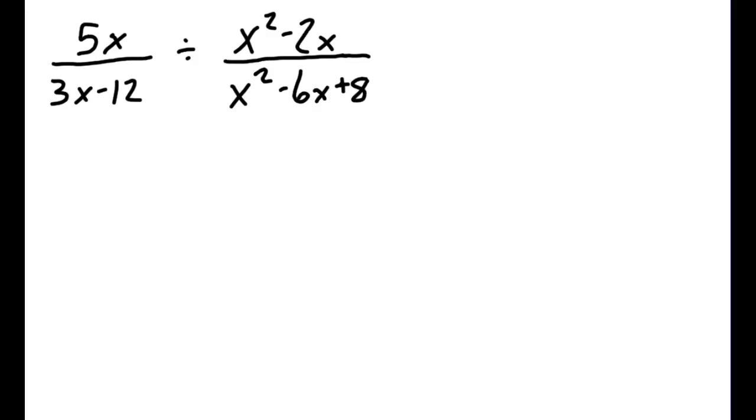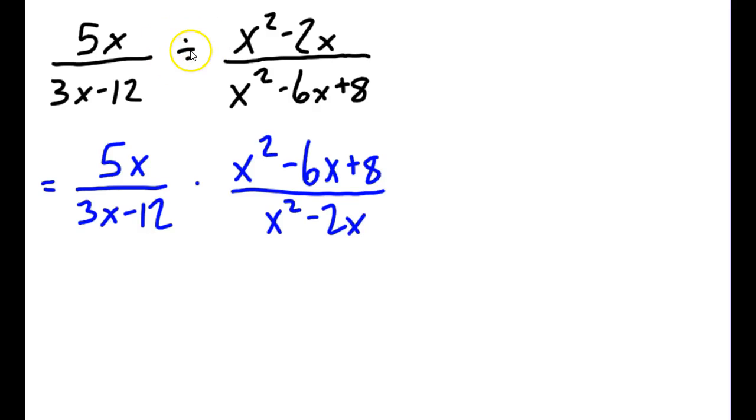Next problem, going to be very similar except we're dividing two rational expressions. If we're dividing by a rational expression, we can change it to multiplication. All we have to do is multiply by the reciprocal. So we change this from division to multiplication by multiplying by the reciprocal, meaning we switch numerator and denominator. Now this is the same type of problem we just went through.